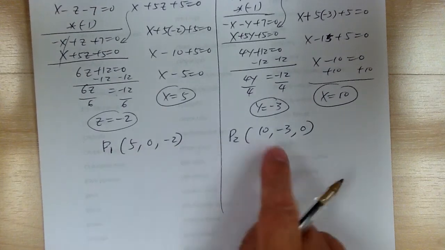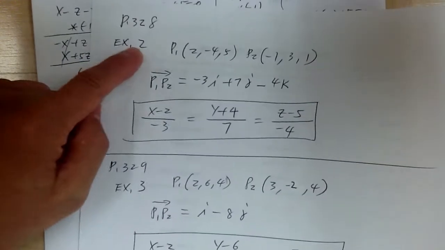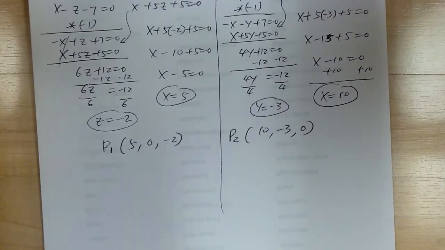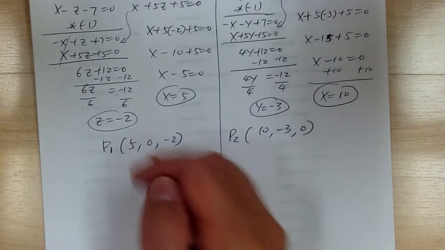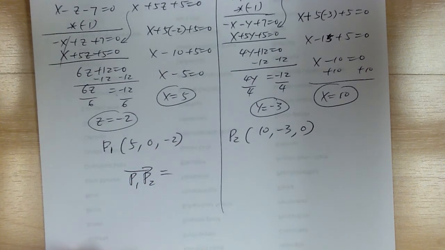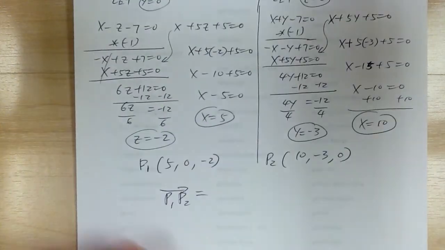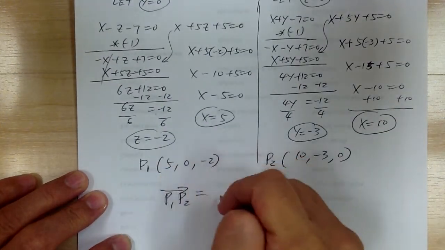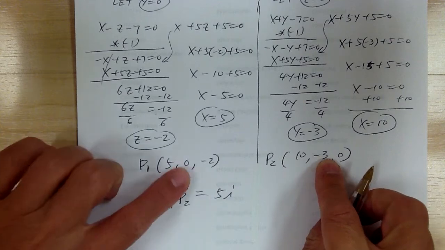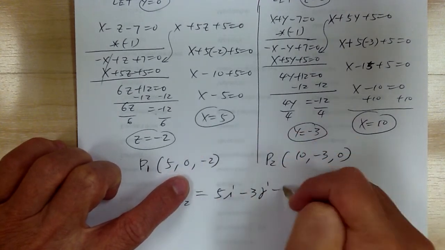Now, once I get P1 and P2, it becomes like the previous problem, right? So I need to get vector P1P2. When you subtract, you get 5i minus 3j plus 2k.